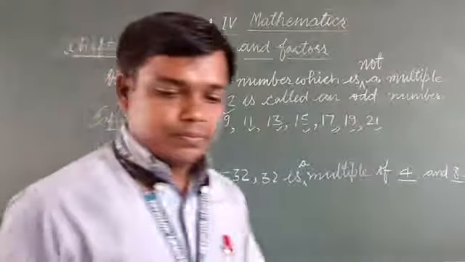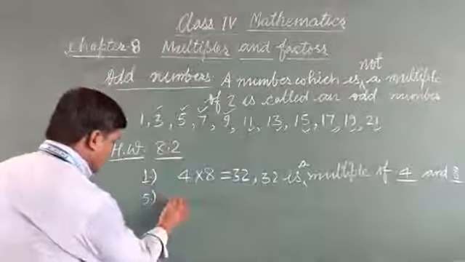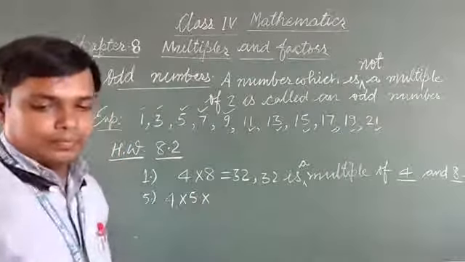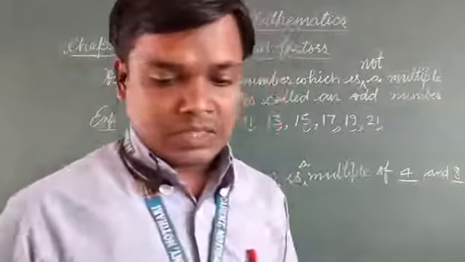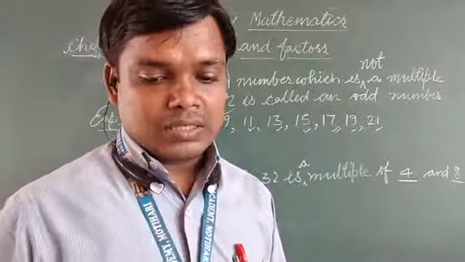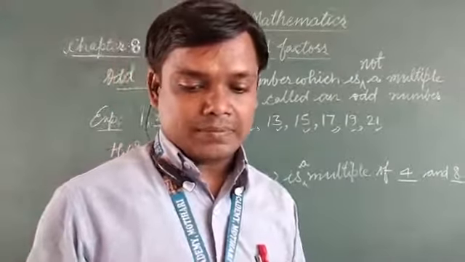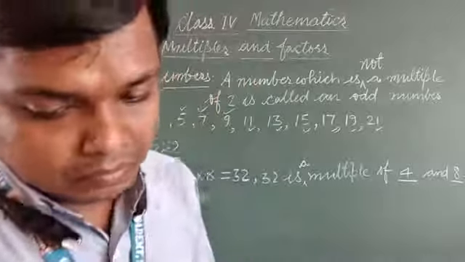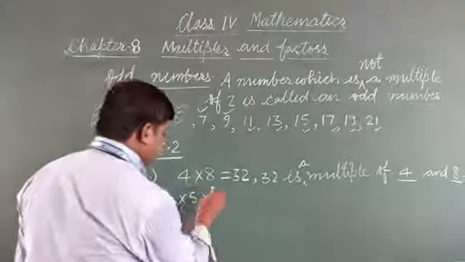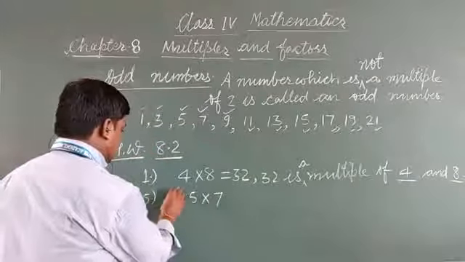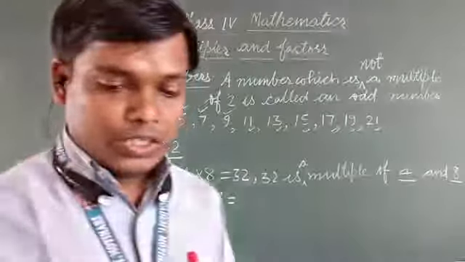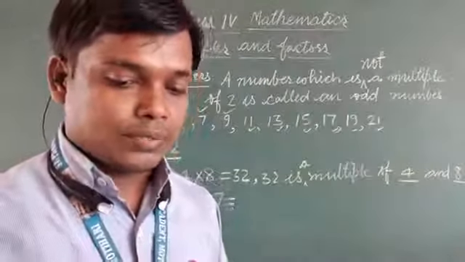We have 4 multiplied by 5 multiplied by 7, which is equal to, it is given here in your book 70, that is wrong.